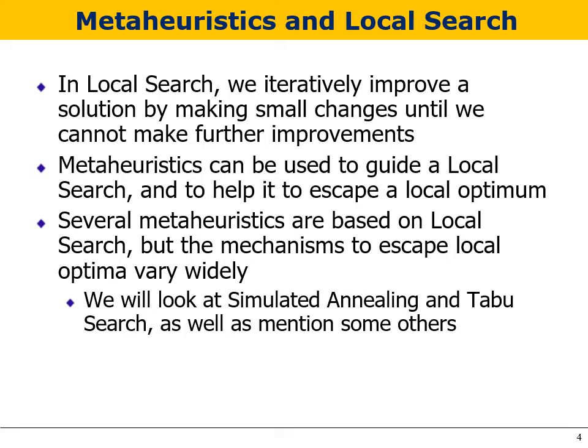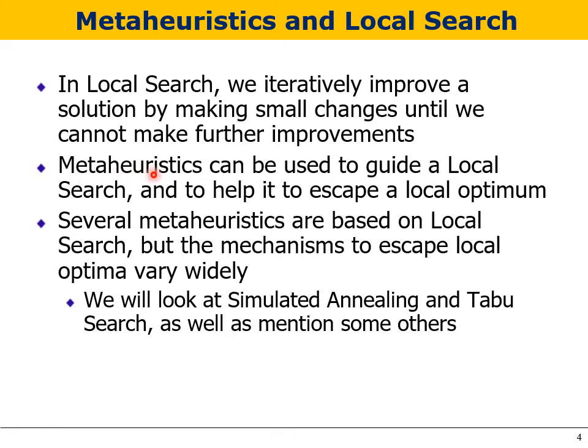If we compare meta-heuristics with local search algorithms, in local search what do we do? We start from an initial solution, and at each step we try to improve the solution by making small changes until we reach a solution where we cannot make any further improvements, and at that point we stop.